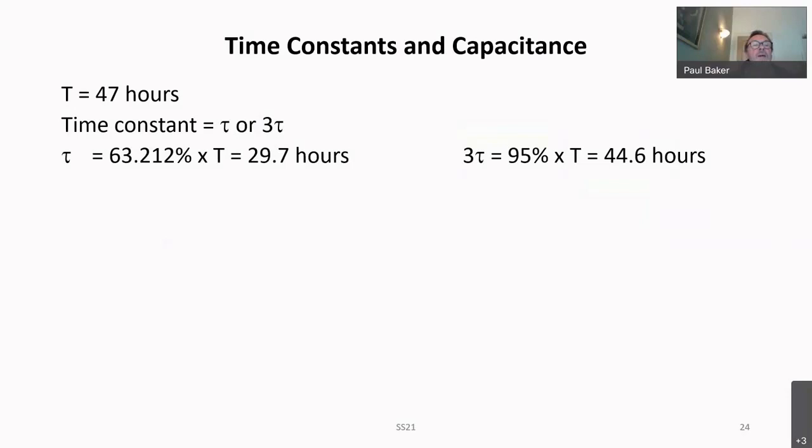So we multiply the time t by 63.2% for tau, which gives a time constant of about 30 hours. And 3 tau is 95% of t, which is about 45 hours.